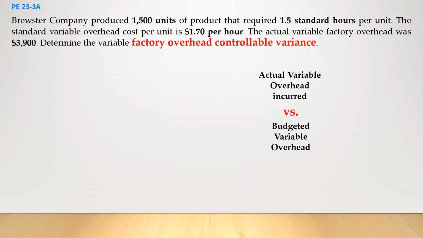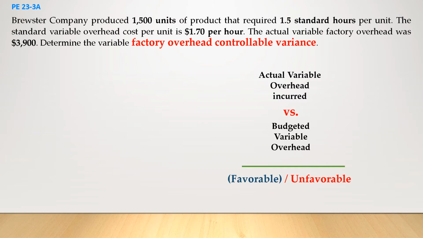In this case, the two elements being compared are the actual variable overhead against the budgeted variable overhead. The result will be either favorable or unfavorable. If the actual variable overhead is less than the budgeted variable overhead, the variance is favorable. And if the actual variable overhead exceeds the budgeted variable overhead, the variance is unfavorable.